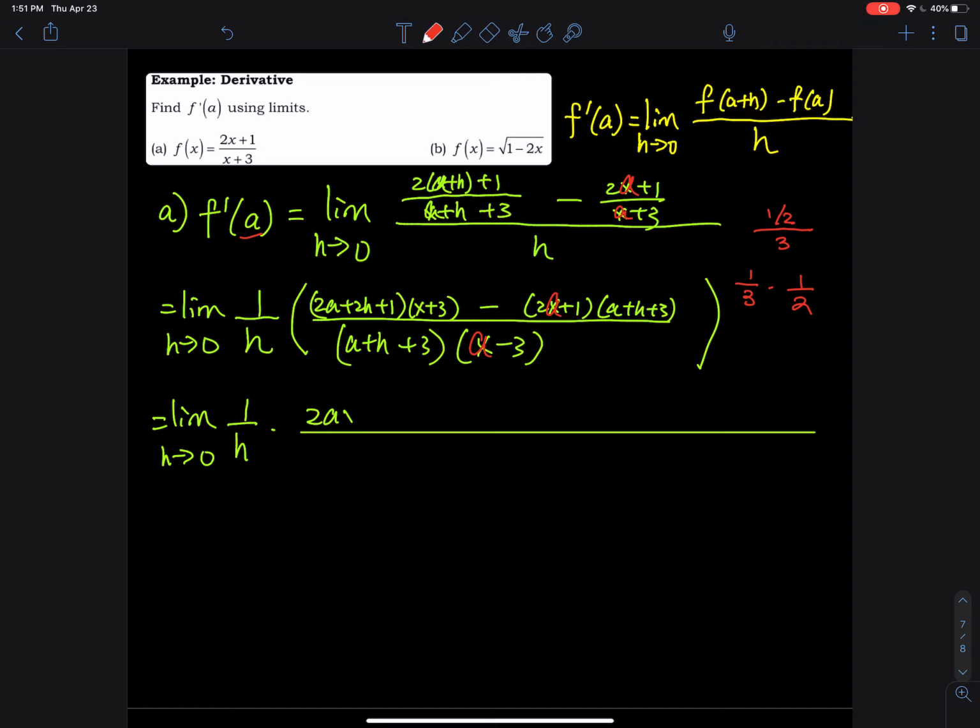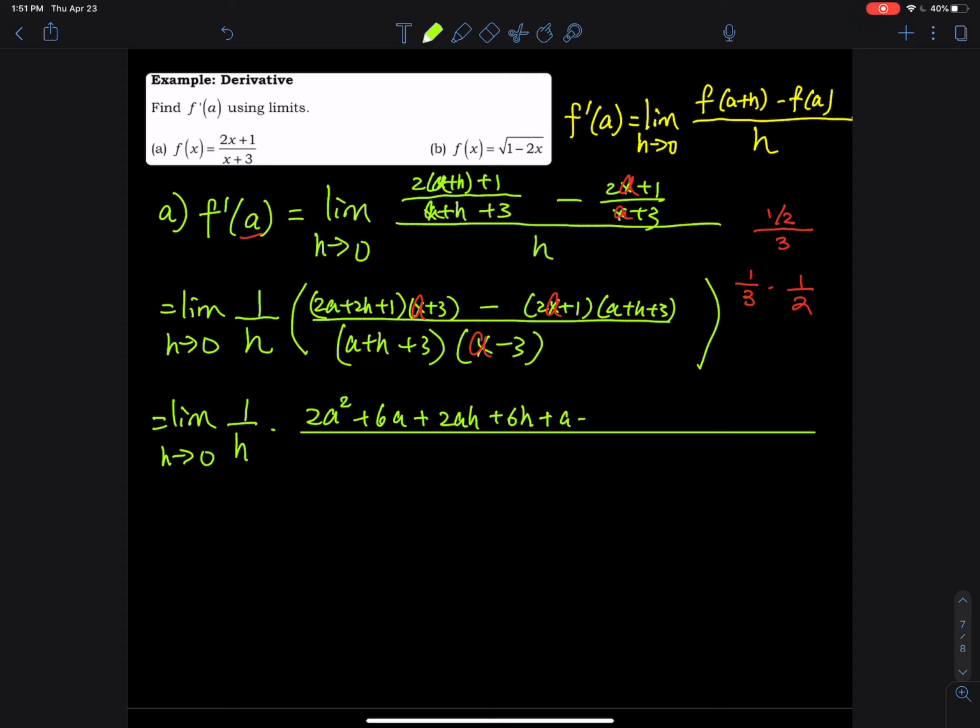Nope. This one needs to be fixed. So no x, a only. So we have 2a times a. Then that will be 2a squared. And then 6a plus 2ah, and then plus 6h. Do it slow, because it is easy to make mistakes right here.